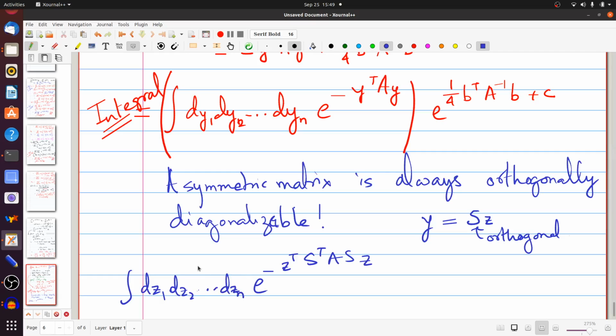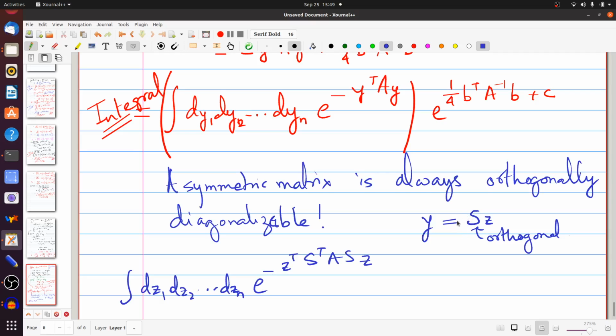And this then has to be multiplied by the Jacobian of this transformation from y to z. But if you think about it a bit, the Jacobian for a linear transformation is nothing but the determinant of the matrix which does the transforming, in this case determinant of S. And since we have chosen S to be orthogonal, this determinant can be easily taken to be 1.